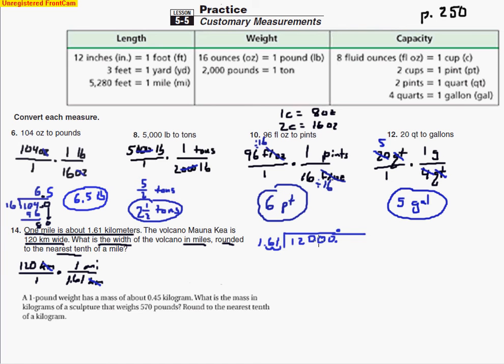I'm going to cover up this 0 and this 1 and think of 16 into 120. Back over here we saw that 16 times 6 made 96, so let's try something a little bigger. Let's try 161 times 7 and see if that ends up working. Off to the side we'll do this.